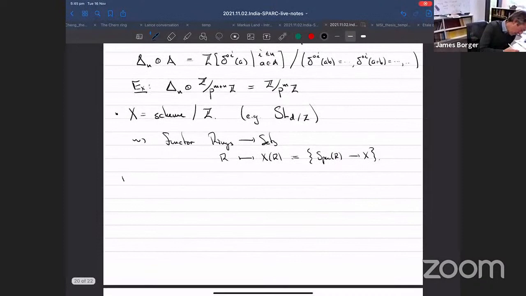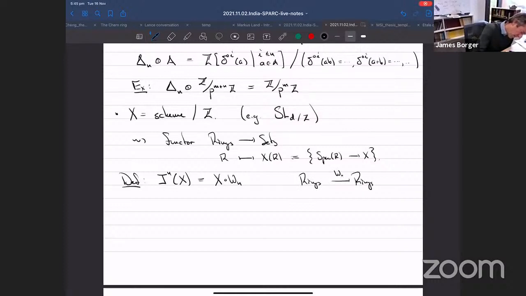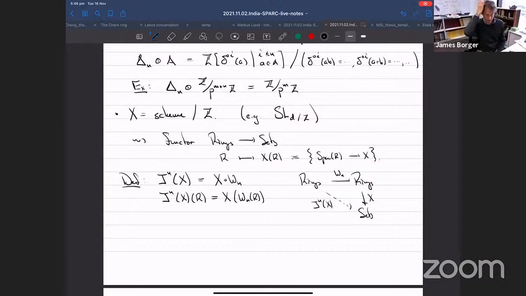Oh, okay, so now here's the definition of the arithmetic jet space. Maybe many of you can guess it already. J_n of X is a functor, and it's just the composition of X with the Witt vector functor. So we have rings, that's the Witt vector functor, and rings to sets is X, and this composition is J_n of X. So in other words, the R points of the nth jet space are just the points of the scheme you started with, but with coordinates in the Witt vectors of the ring in question.